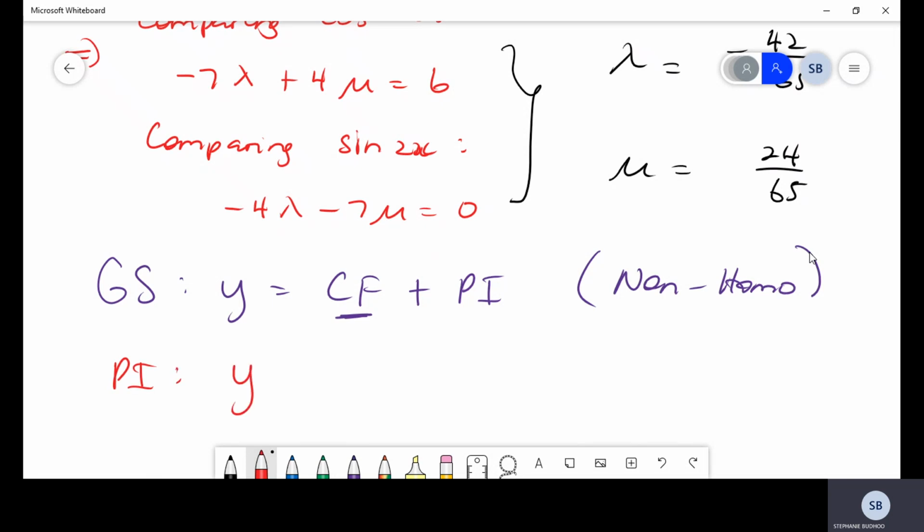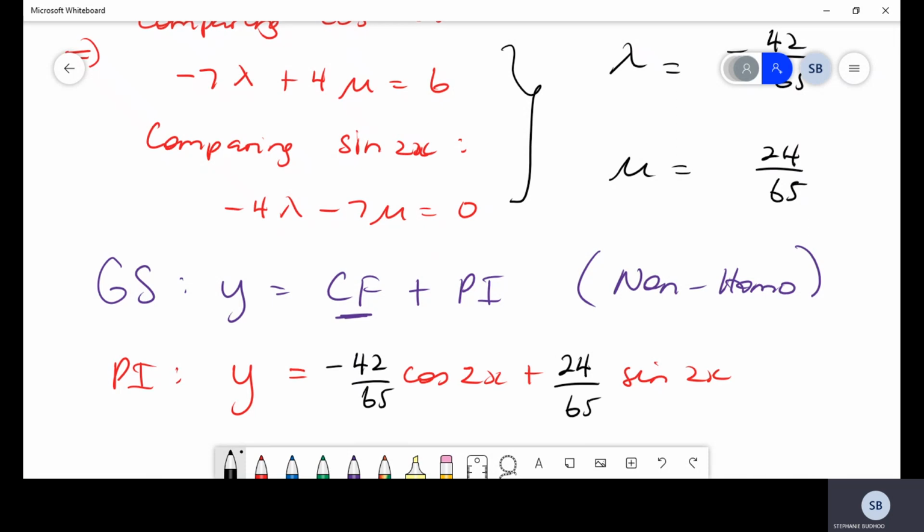Our particular integral was given by y is equal to lambda cos 2x plus mu sine 2x. We found values for lambda and mu, so we will replace them here. Lambda had a value of minus 42 on 65, and similarly, mu had a value of 24 on 65.